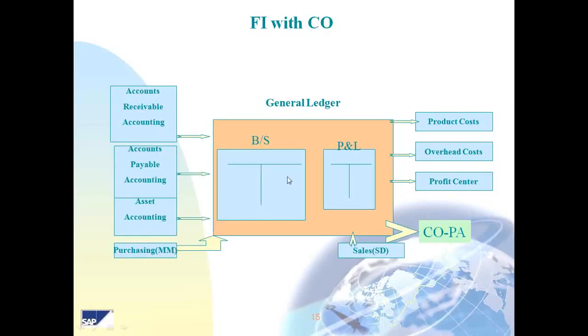All will support the general ledger accounts, where we are preparing the balance sheet and profit and loss account. SD also supports the GLs, that is the FI department, and also supports COPA directly. Once the data comes from FI to the GL accounts, it flows to the product cost, overhead cost, and profit centers.